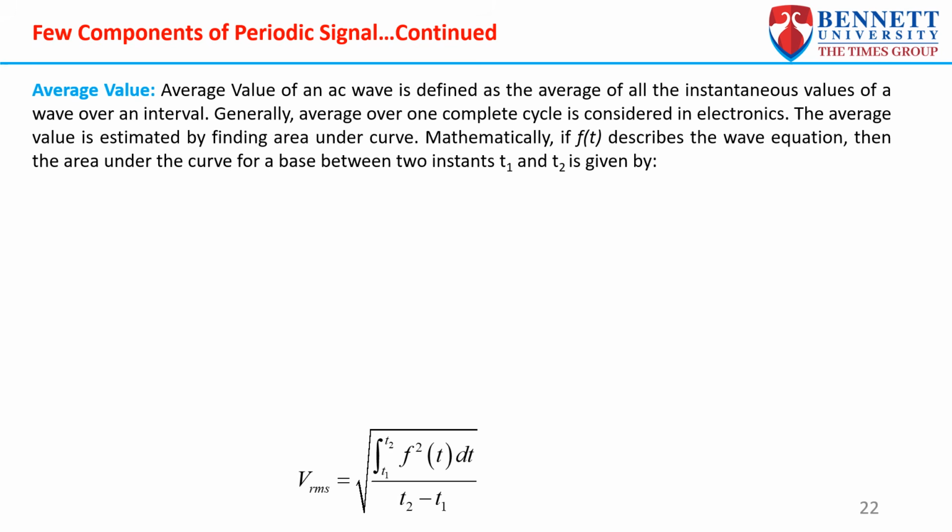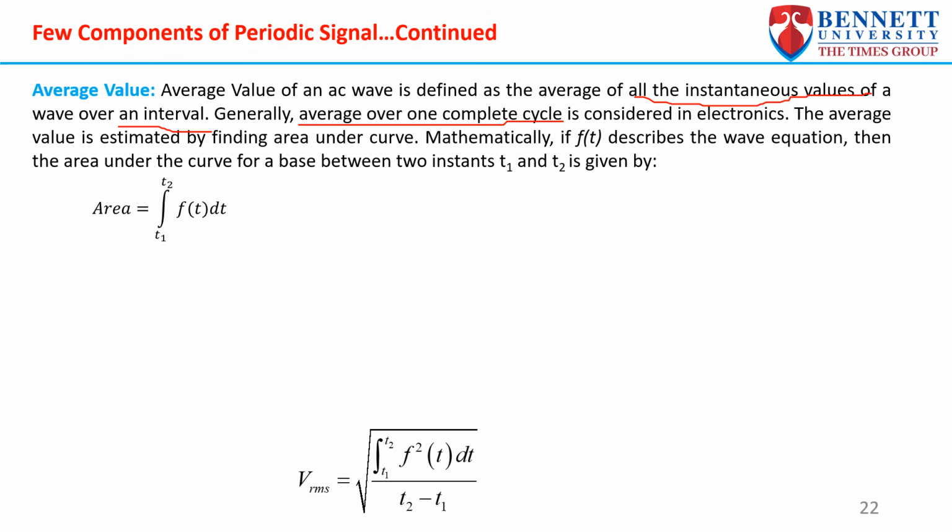Now there is another very famous concept. We calculate the average value of the signal with the help of this formula. Average value is defined as the average of all instantaneous values of a wave over an interval. Generally, we consider the average over one complete cycle in electronics.